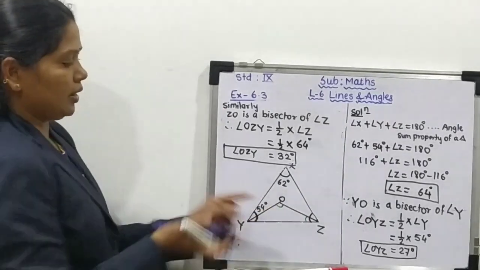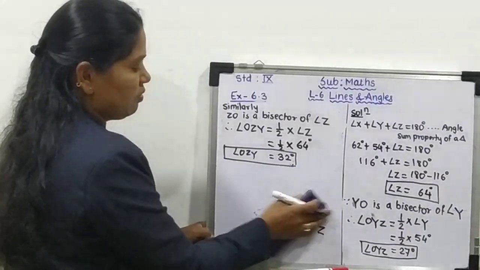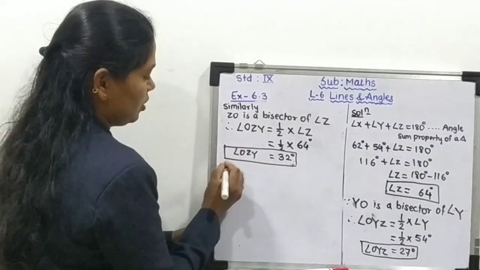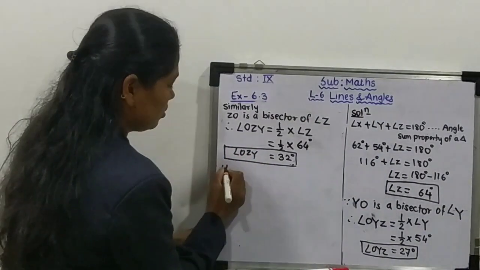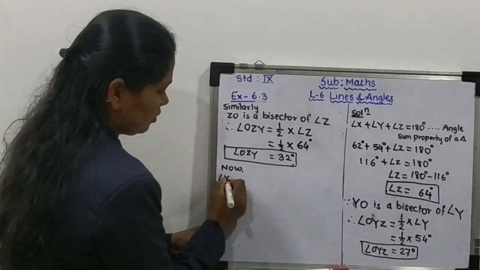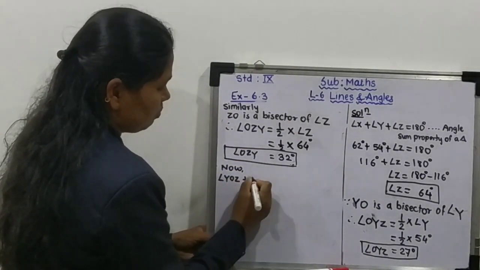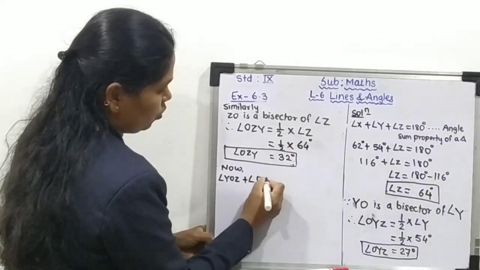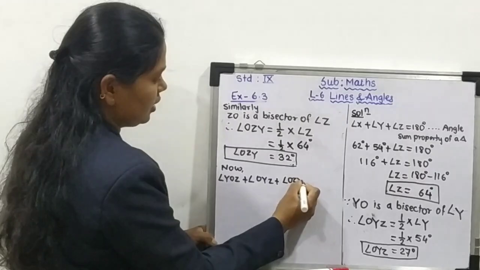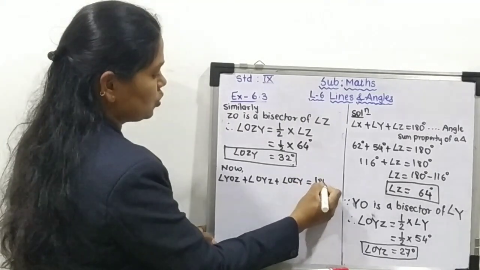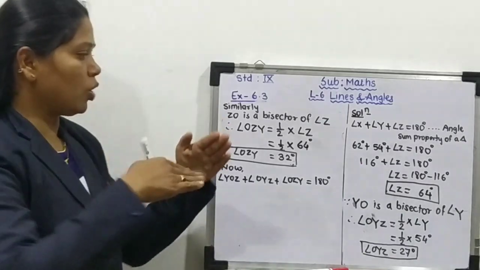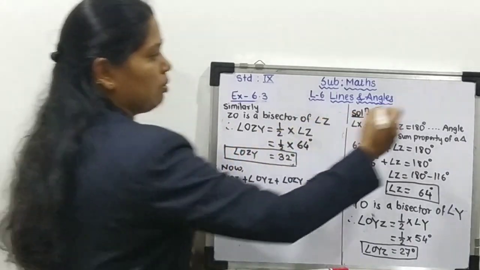Now let us find out angle YOZ. That is the middle angle YOZ. So how we will get? That is by angle sum property theorem. So we will write now angle YOZ plus angle OYZ plus angle OZY is equals to 180 degree. Right? So inside the smaller triangle we are talking about it.